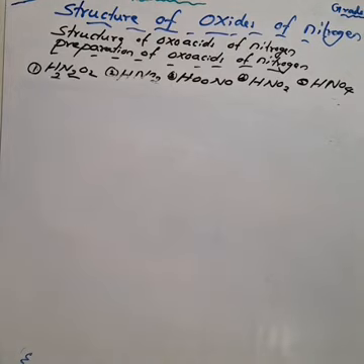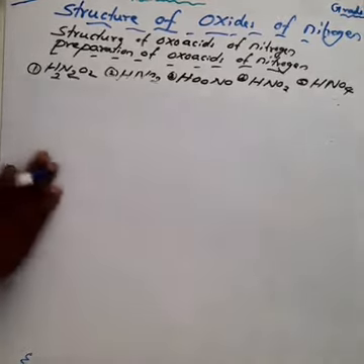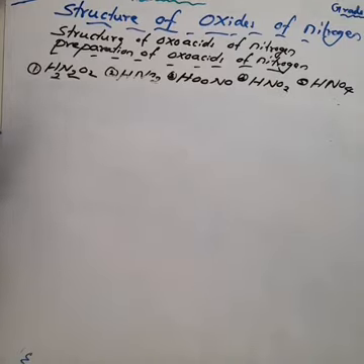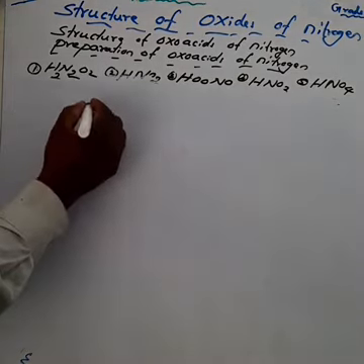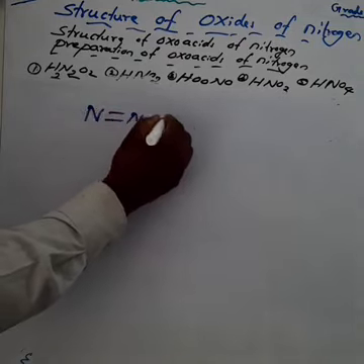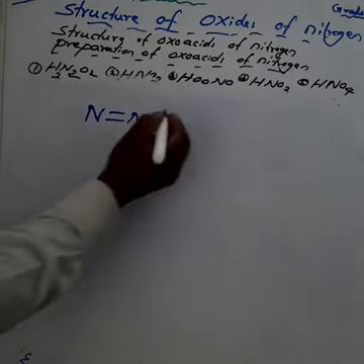Next, this is the first step. Second step: there is one possibility that if this bond is shifting here, it is the second possibility. So nitrogen-nitrogen double bond, and nitrogen-oxygen is also a double bond. Am I right? So now how can you find the charge? That also I told you about, how to find the charge.